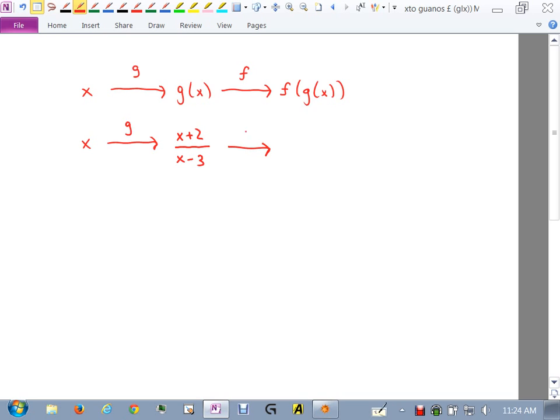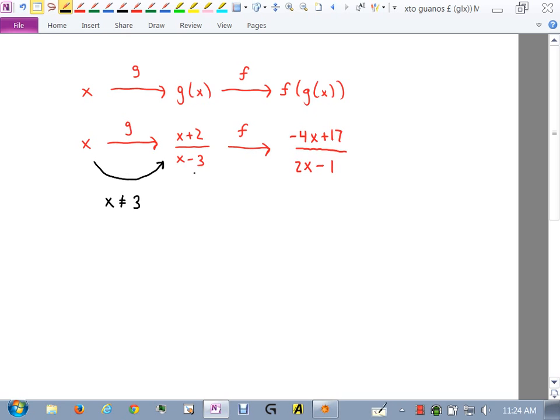Then that went through F, and if we did everything correctly, it should be negative 4x plus 17 over what? 2x minus 1, okay? So that's the chain of events. So let's first talk about what restriction do we have taking something and plugging it into G. Can't be 3. X cannot be 3.